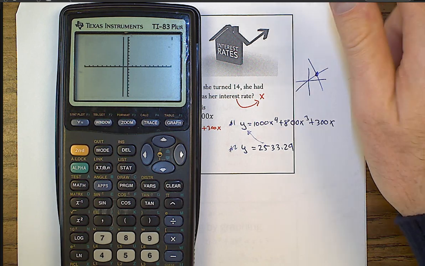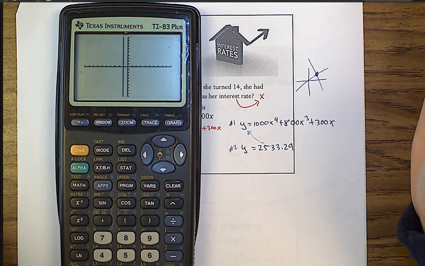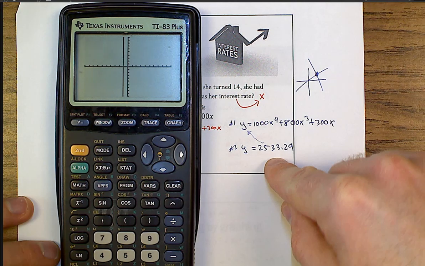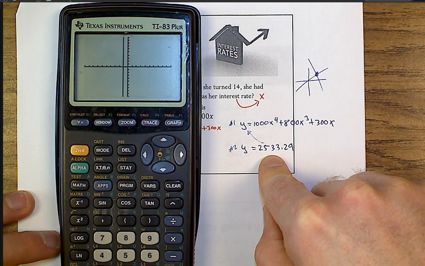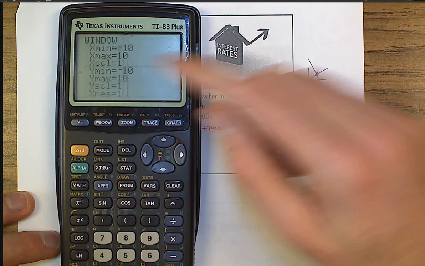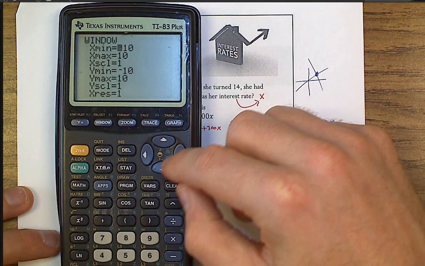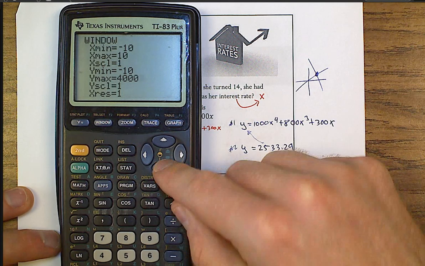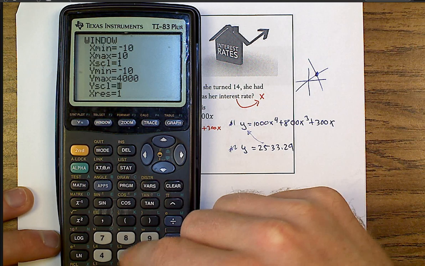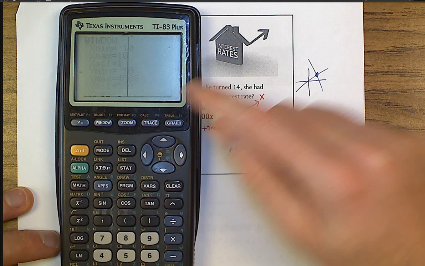Now, obviously, you can't see anything because I have a y equals of 2,533, and so my window needs to get adjusted. So I'm going to go to my y max and type in 4,000. I'm going to scale it at 500. Let's see if that helps us out.